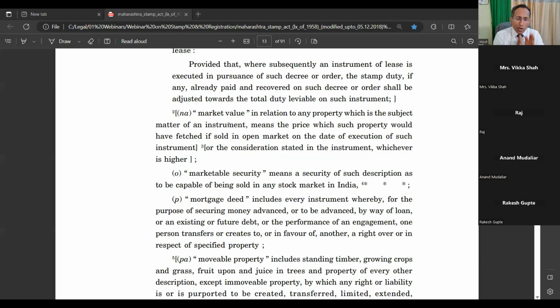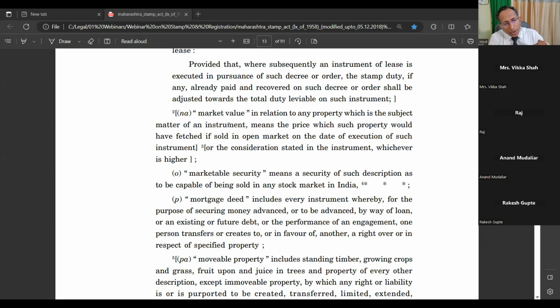I'm just giving a hypothetical example. Selling a flat, suppose for 1 crore rupees. And let's take two different scenarios. The market value of that flat is 1 crore 20 lakh rupees.